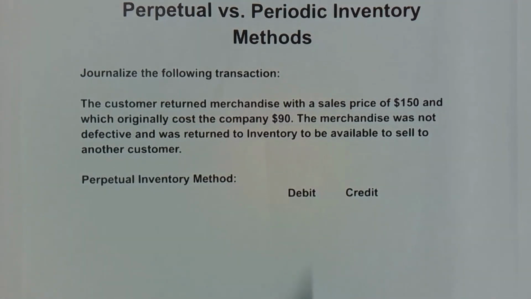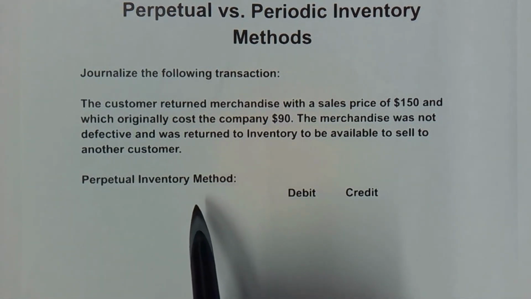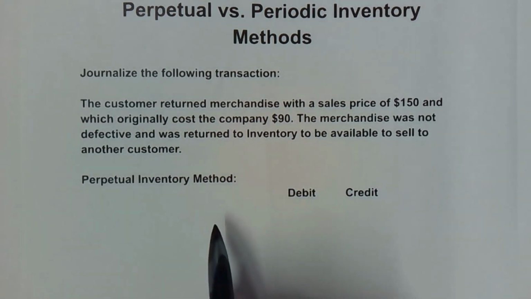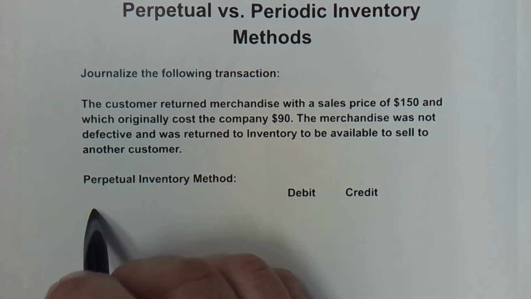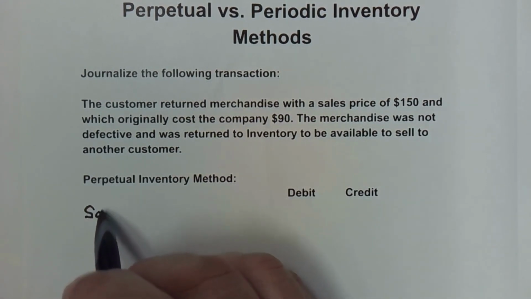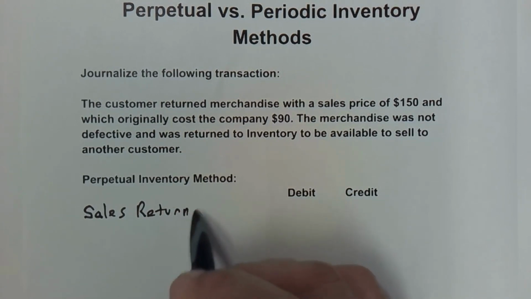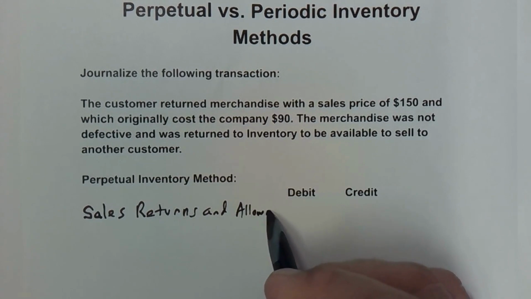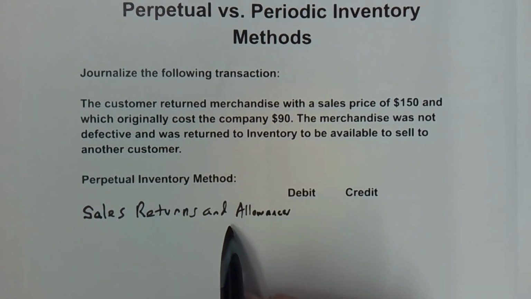Let's look at how that transaction would be recorded in the perpetual inventory method. First, we're going to book the return. So we have a debit to an account called Sales, Returns, and Allowances. Don't confuse it with the account that was Purchase, Returns, and Allowances.